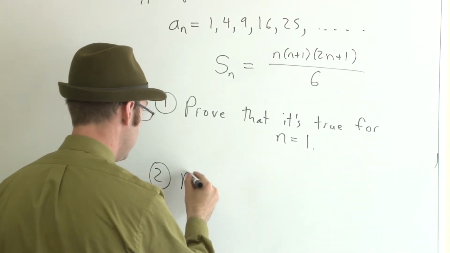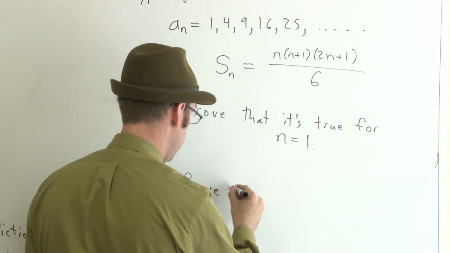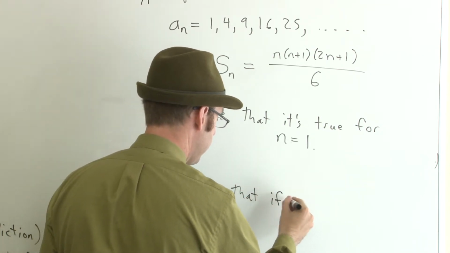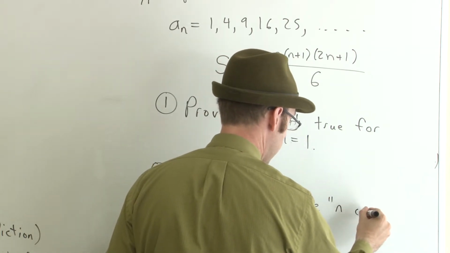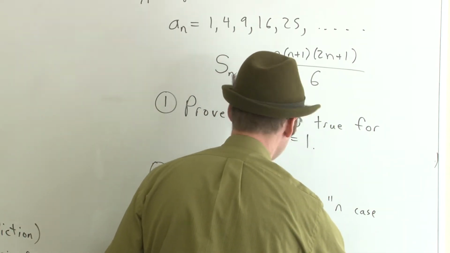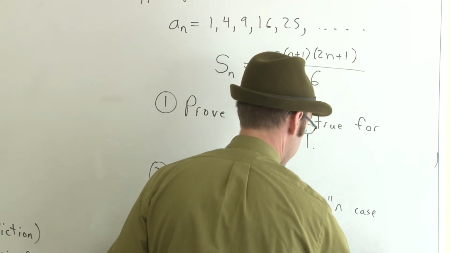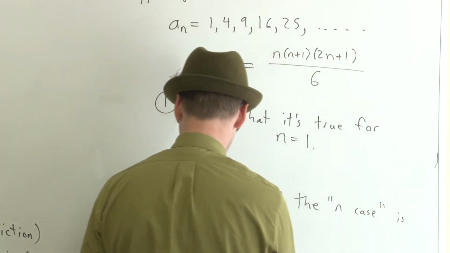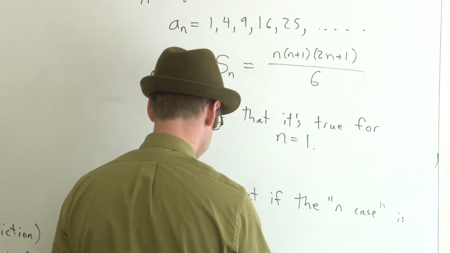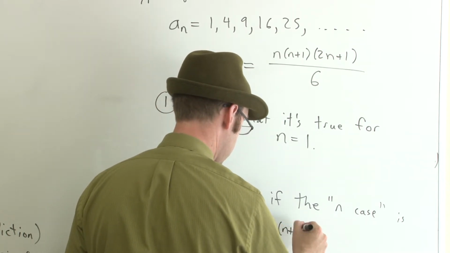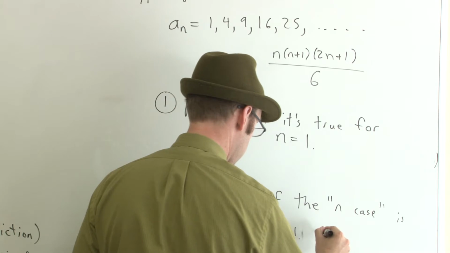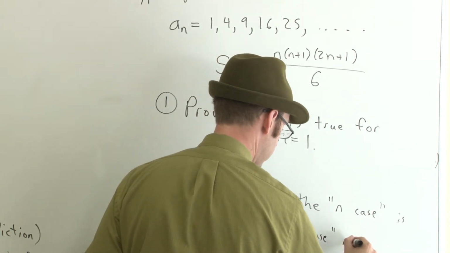Two, prove that if the n case, I guess you guys call it the k case, is true, then the n plus 1 case must be true.